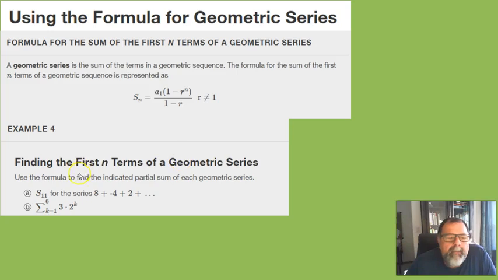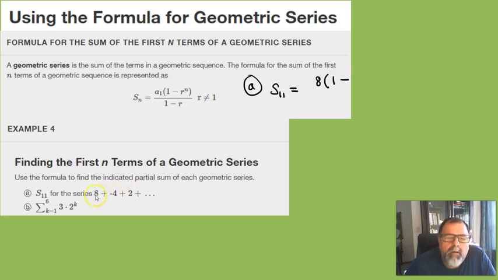Okay, so let's try A here. Use the formula to find the indicated partial sum of the geometric sequence. We want the sum of the first 11 terms. So we got A sub 1 is 8. 1 minus r.